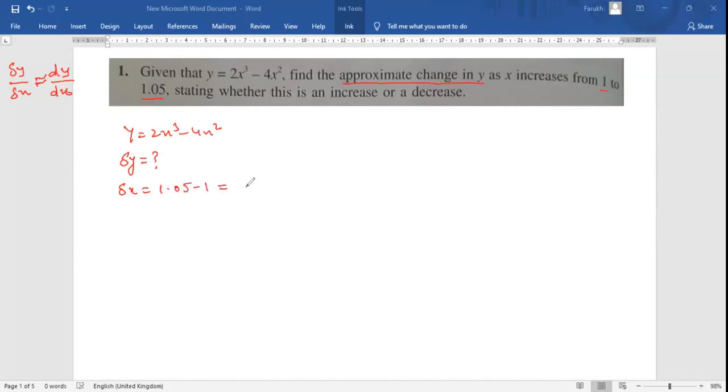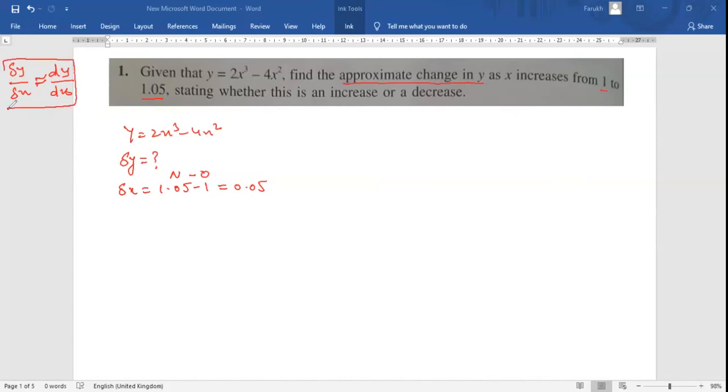The change in x is 0.05. We will always find the change with the help of new value minus old value. This one is the method to find out the change. Del x is 0.05.